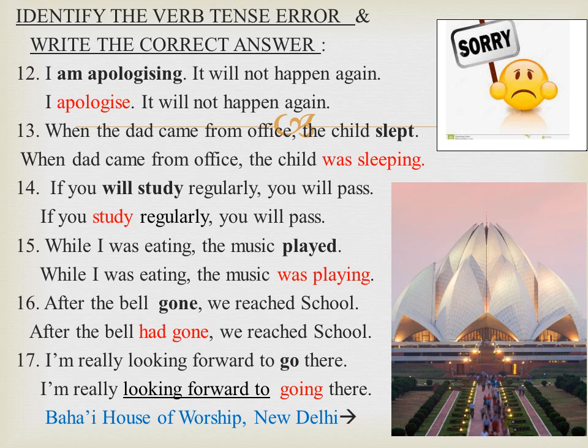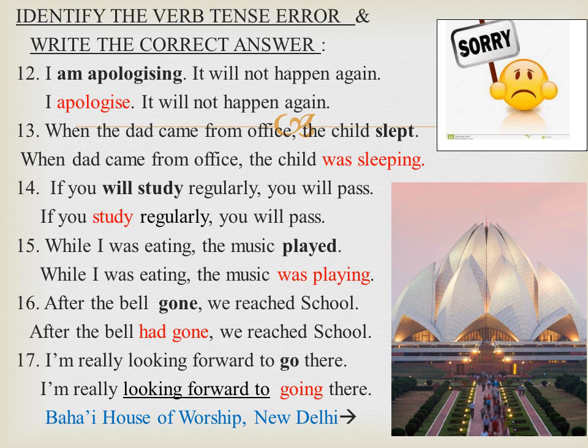For two actions that were happening at the same time in the past, we use past continuous tense with the word while. While I was teaching, the music was playing. When we describe two past actions, event 1 takes past perfect tense and event 2 takes past tense.